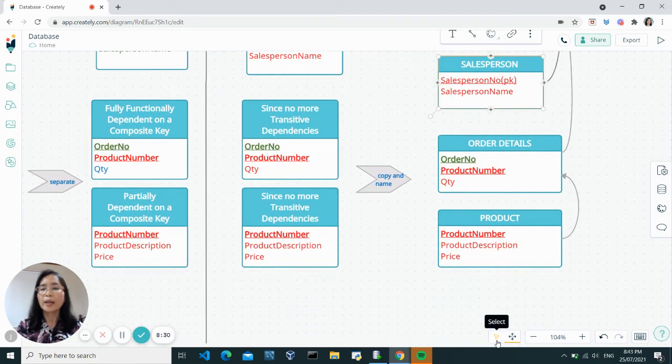And then we have order number, which in order details will be both primary key and foreign key.